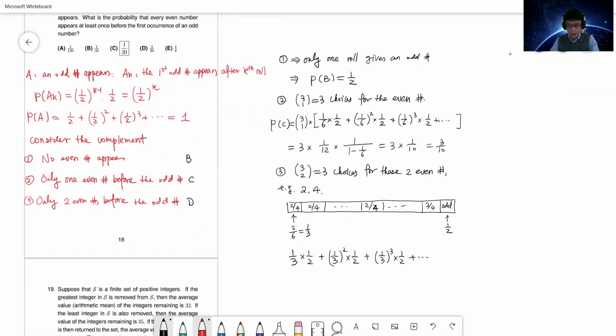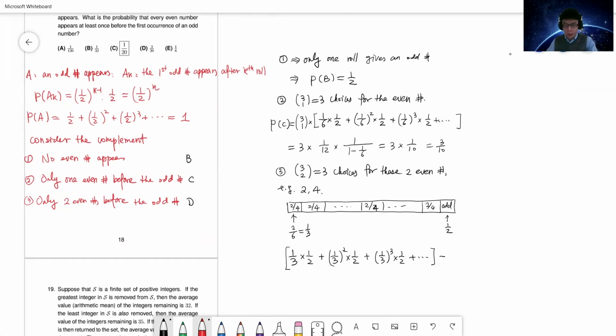This is not the probability of D, because we include some invalid cases. We need to subtract two invalid cases: all numbers before the odd number are 2, or all numbers before the odd number are 4.